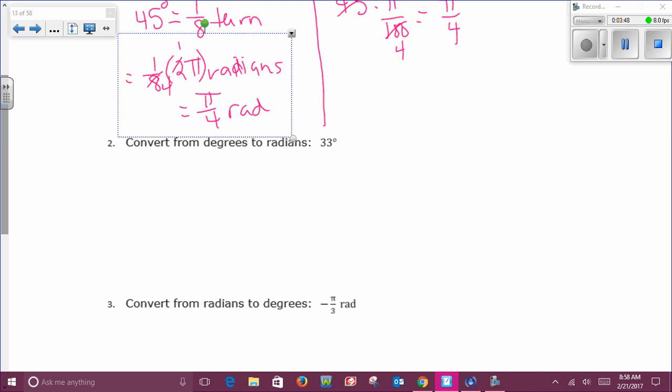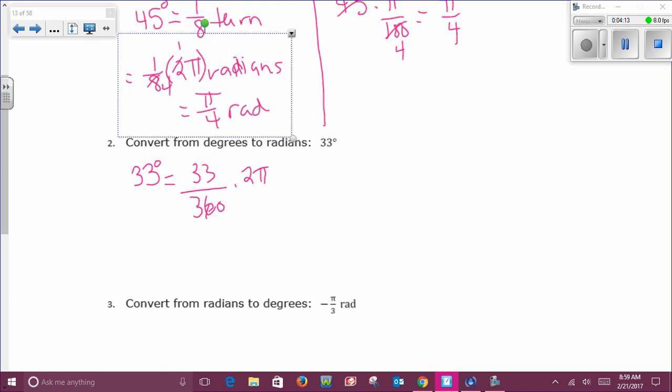Convert from degrees to radians. This one is a little bit harder. I don't know how many turns 33 degrees is, so I'm just going to say 33 degrees is equal to 33 out of 360 degrees to figure out how many turns it is, times 2 pi.